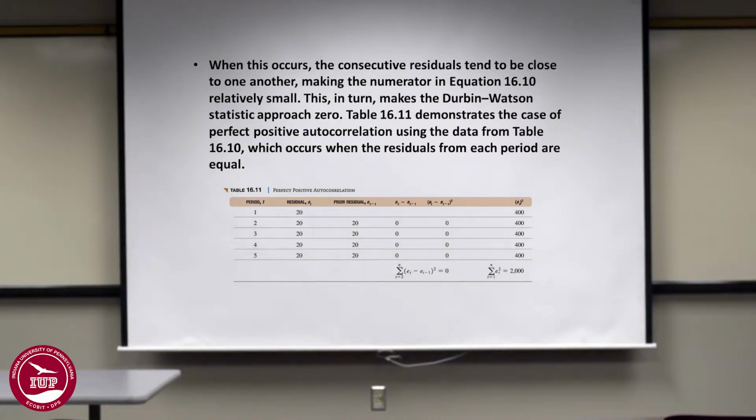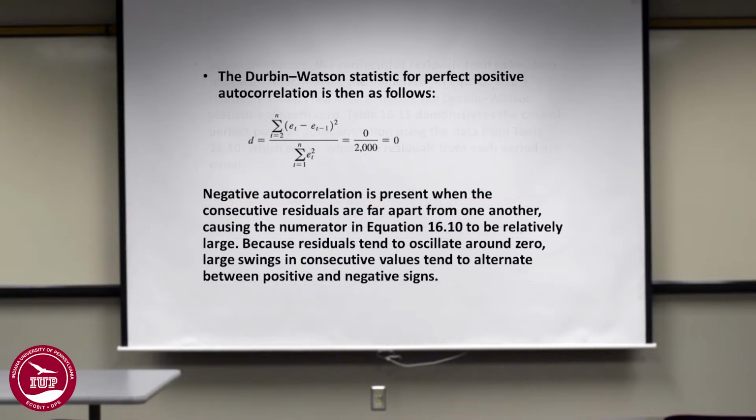This in turn makes the Durbin-Watson statistic approach 0. Table 16.11 demonstrates the case of perfect positive autocorrelation using the data from table 16.10, which occurs when the residuals from each period are equal. The Durbin-Watson statistic for perfect autocorrelation is then as follows: D equals 0 divided by 2000, equals 0.